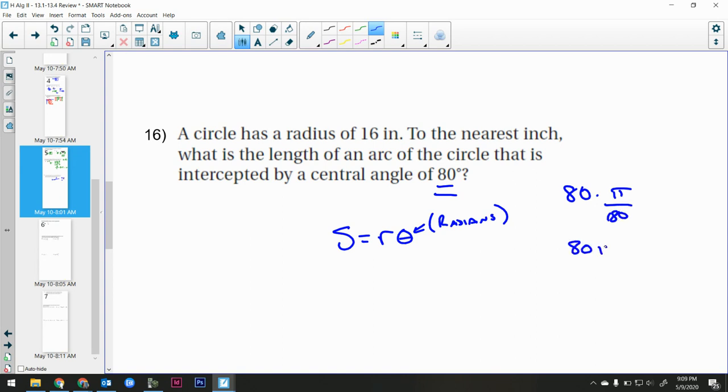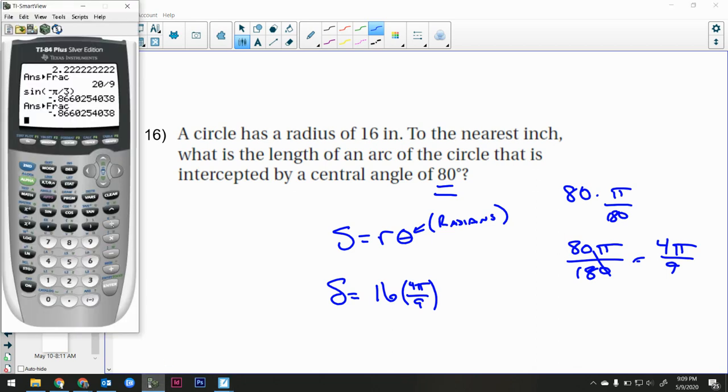So it's 80 pi over 180. Cancel out the zeros. 8 pi over 18. That'd be 4 pi over 9. So this means S is equal to R, which is 16 inches, times theta, 4 pi over 9 radians.